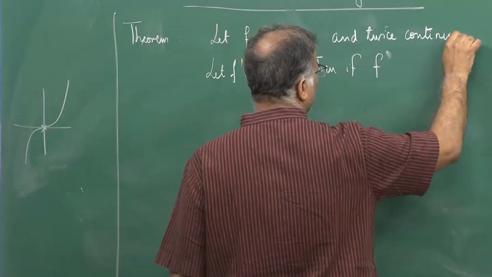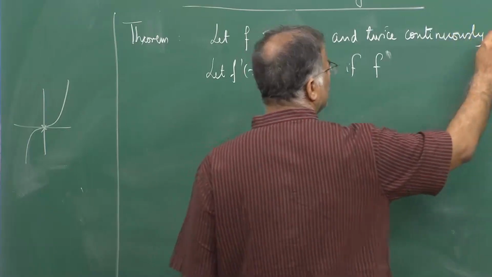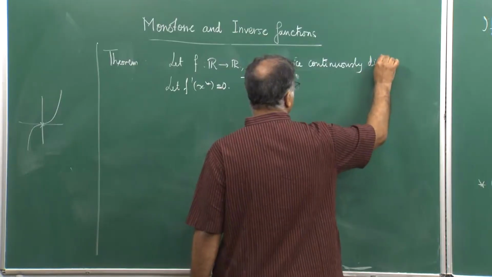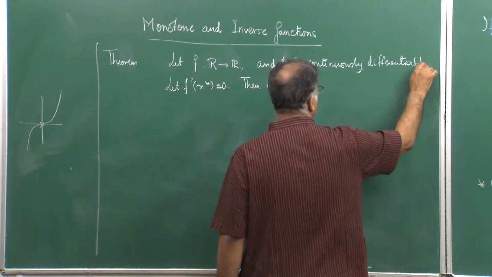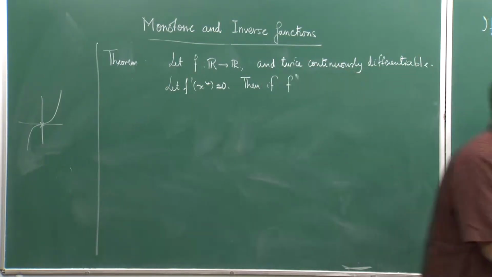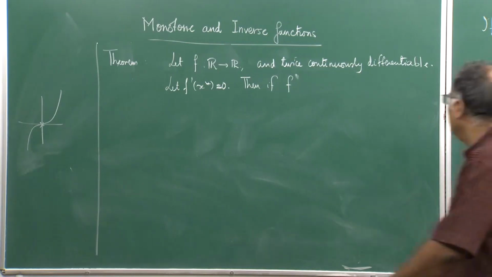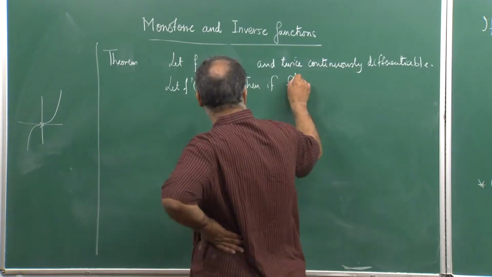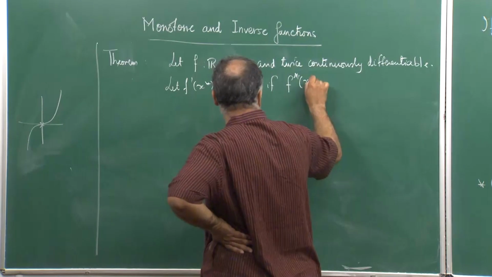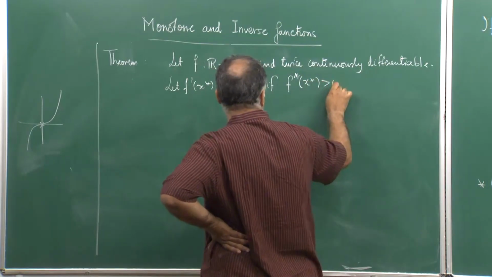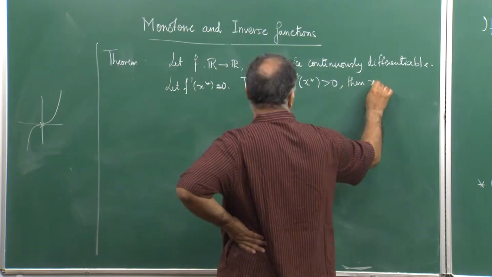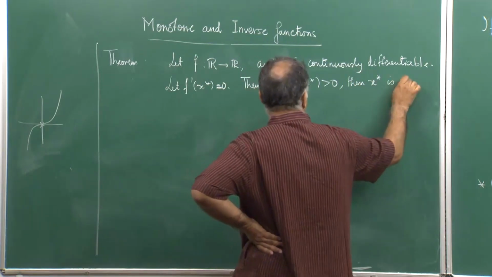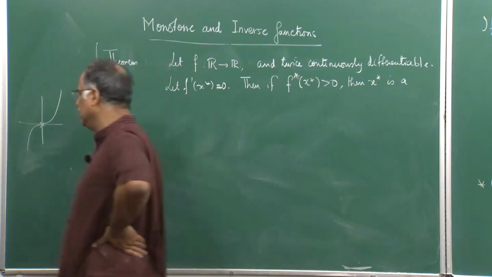The second derivative exists and is continuous. The second derivative is also a function of x. Then if f double dash x star is strictly greater than 0, then x star is a strict local minimum. X star is a strict local minimum point.